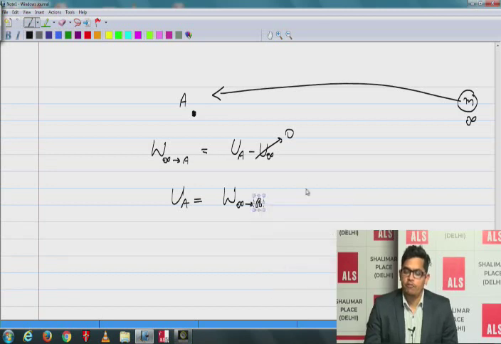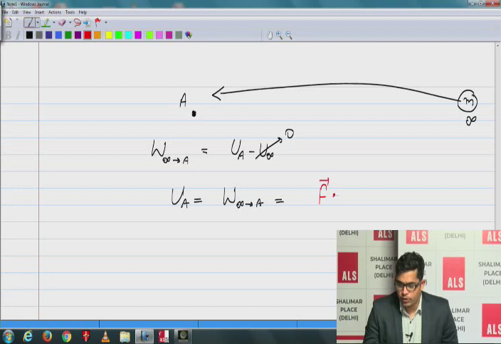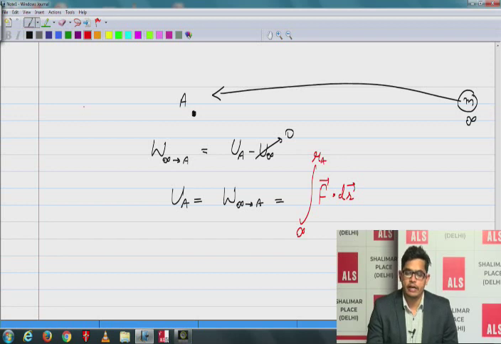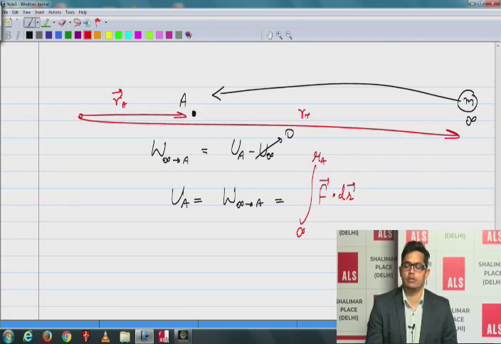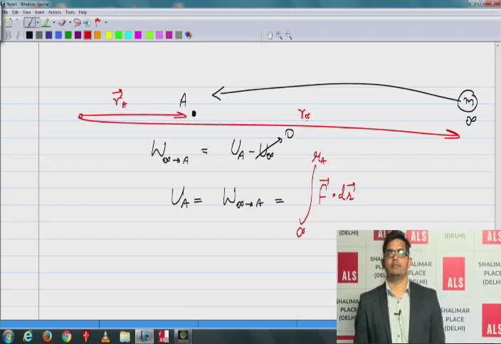Which is equal to the integral of F dot dr from infinity to Ra, where Ra is the position vector from a certain point, and R infinity is this. Is that clear? Understood?